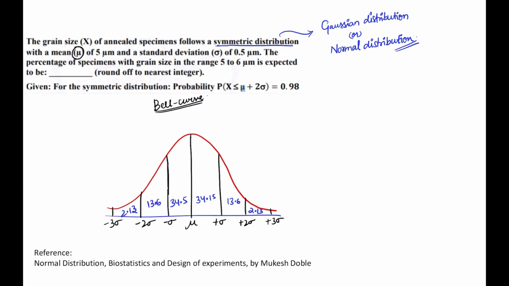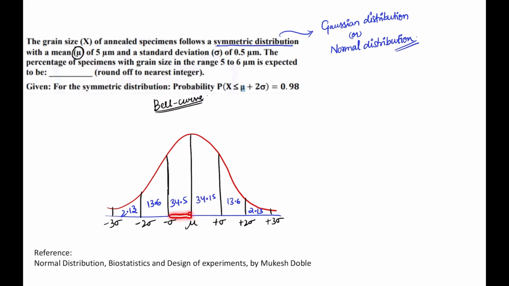So what do these numbers signify? If you have a data set where mu is its mean and sigma is its standard deviation, the data falling between mu and mu plus sigma is 34 percent.